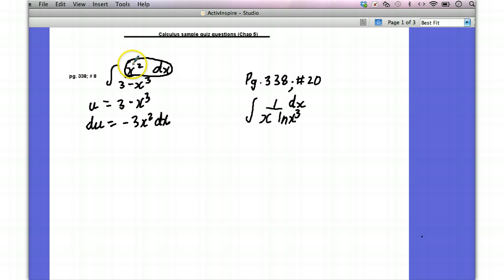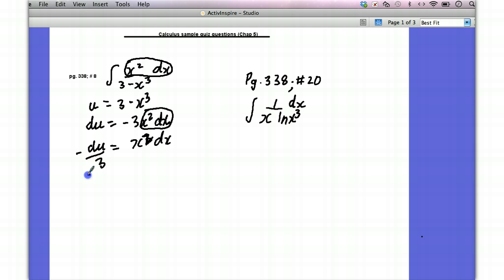So we're going to have to substitute for x squared dx. And here it comes, x squared dx. I'm sure you can see this clearly. That's going to be equal to, when we divide both sides by the negative 3, not x cubed, sorry, x squared dx, is going to be equal to negative du over 3.